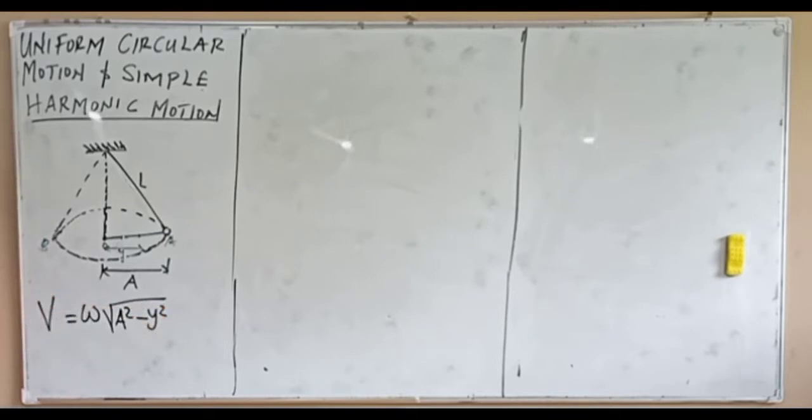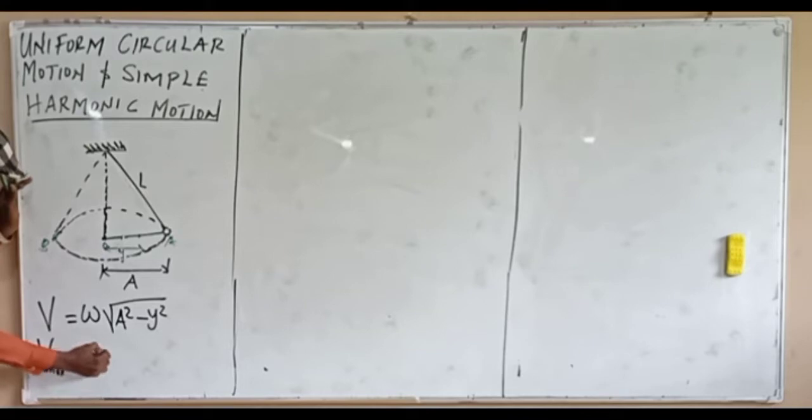Y is any distance from the center of oscillation, a is the amplitude, and w is the angular velocity. Then the maximum velocity will occur at the center of oscillation, in which y will be 0.